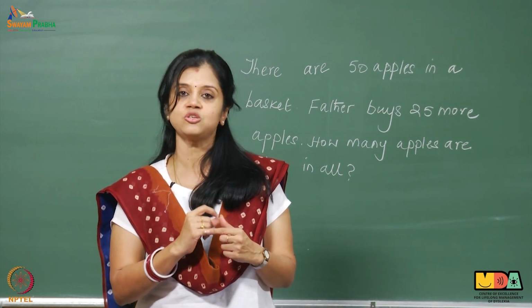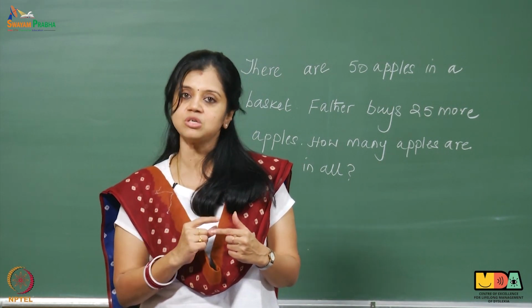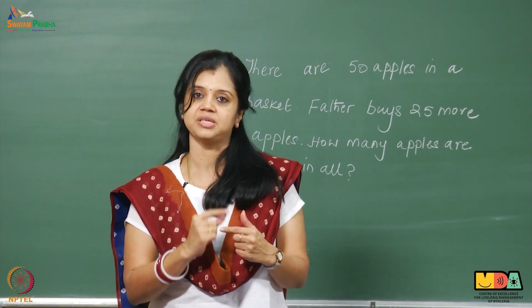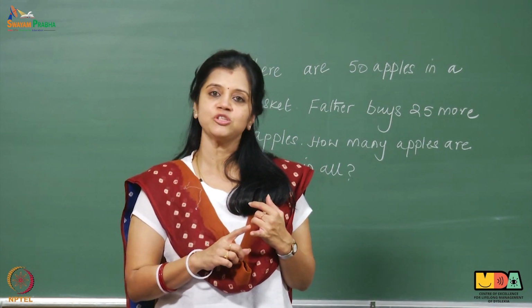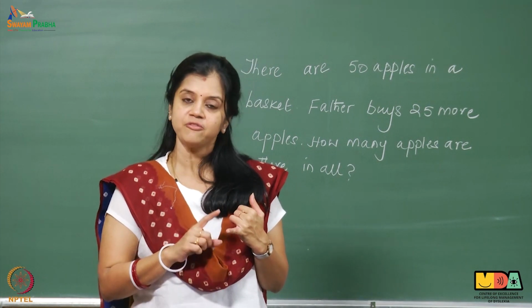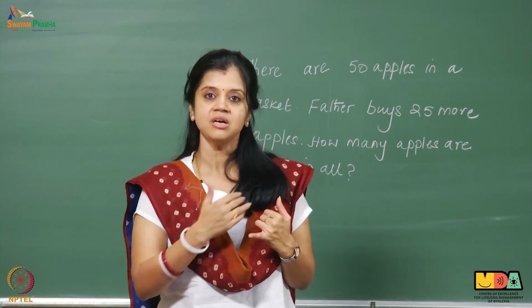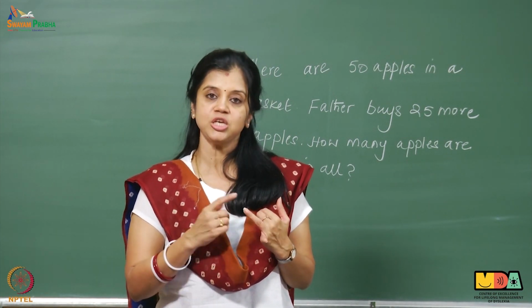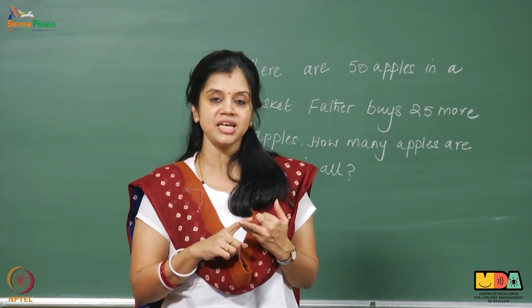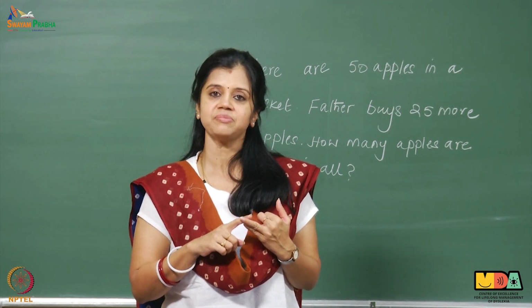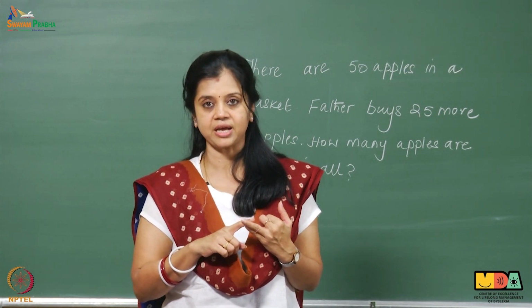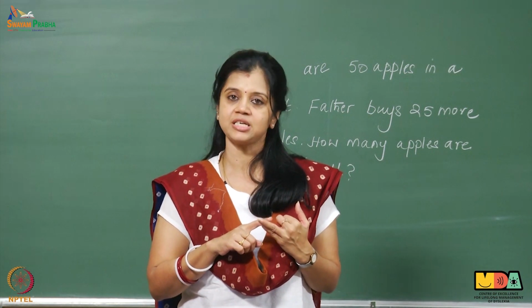The mnemonic that we use to help them to work out a word problem is CUBES. C refers to circling the number. First, the child has to choose the number from the given word problem. U refers to underlining the keyword. Keyword is something that a child has to identify so that he is able to write out the statements.